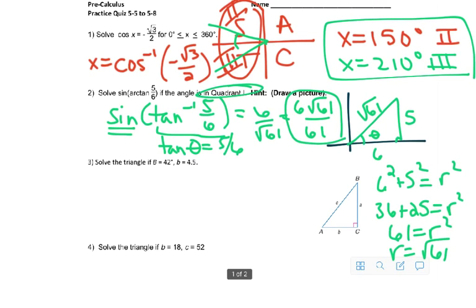Number 3, solve the triangle if angle B is 42 and side B is 4.5. Remember, solve the triangle means find all the missing sides and all the missing angles. Make a chart. Fill in your givens.